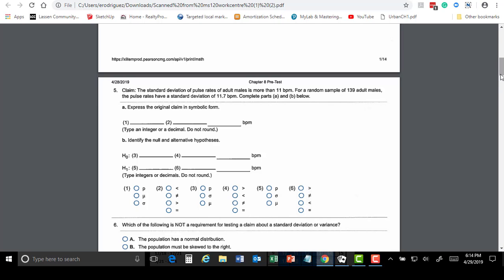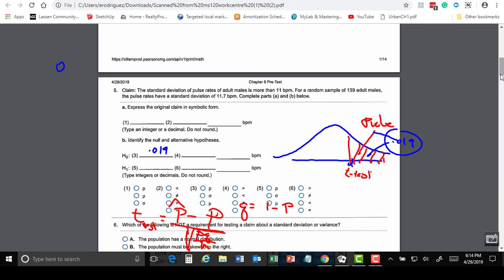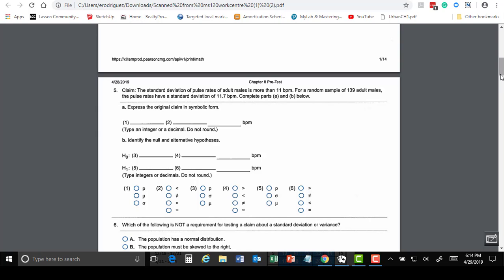So this one here is going to be, if you're going to express the claim in symbols, we would have a null, right? For number 1, we'll express the real claim in terms of sigma. So we want to say sigma, right? That's what we're talking about. Equals.